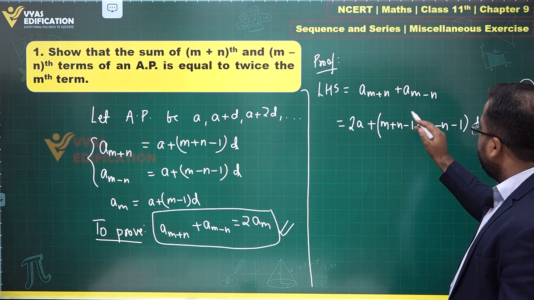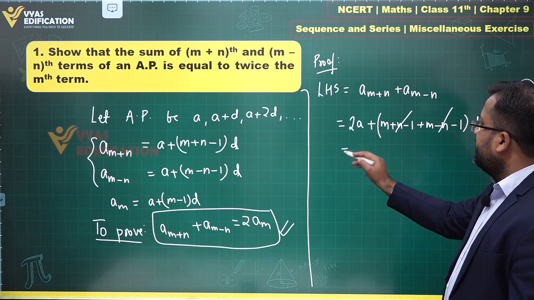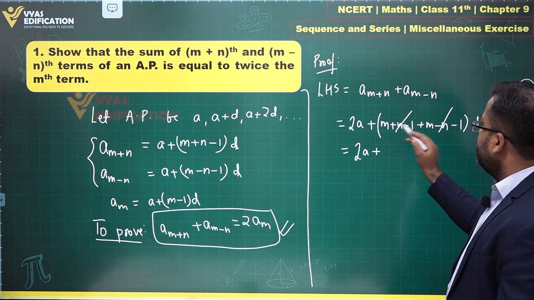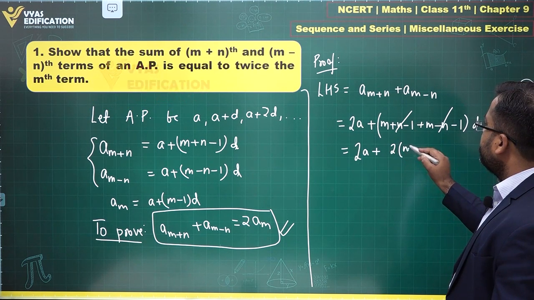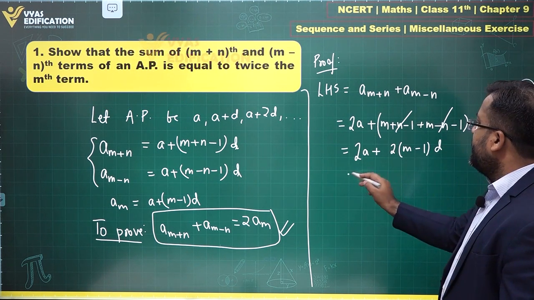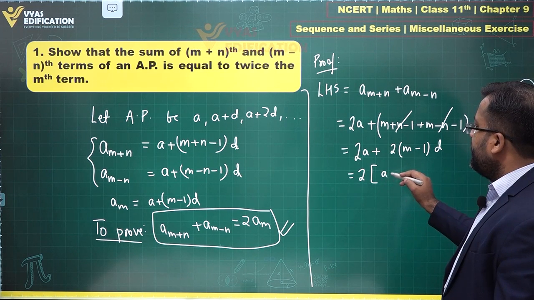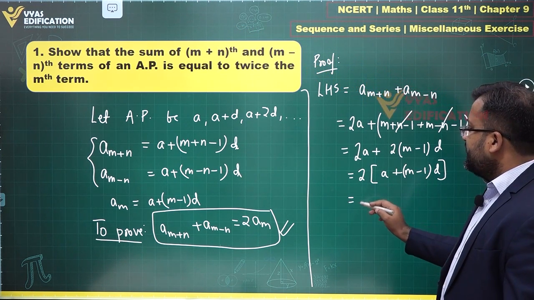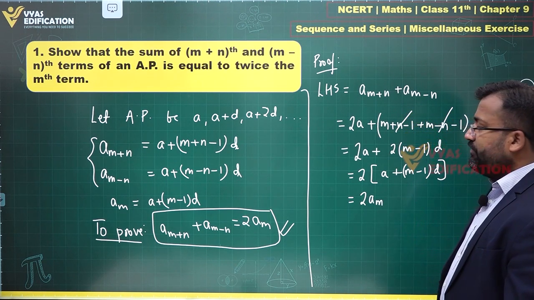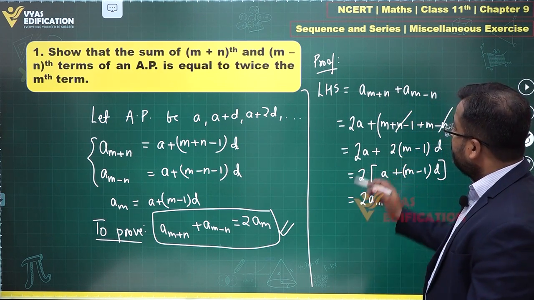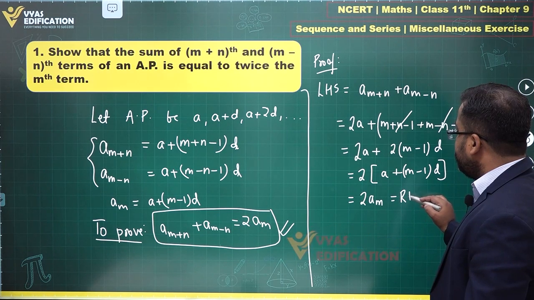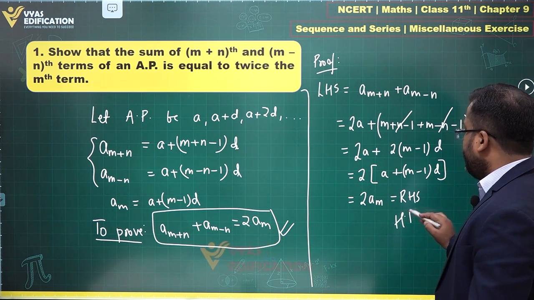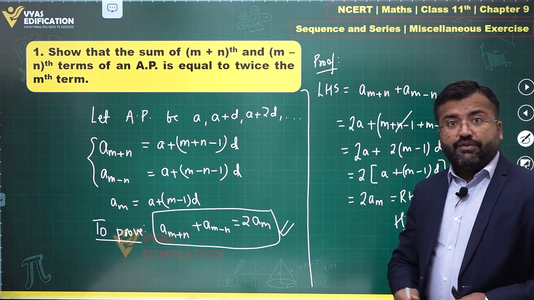This is what you have, and n gets cancelled. As you can see, 2a plus this is 2m minus 2, 2 times m minus 1 d. You can take out a 2 common, and what remains is a plus m minus 1 d, which is 2 times a m. This is what we can see. So we started with LHS, and have we reached the RHS? Yes. Hence, proved. That's a complete proof of this question.